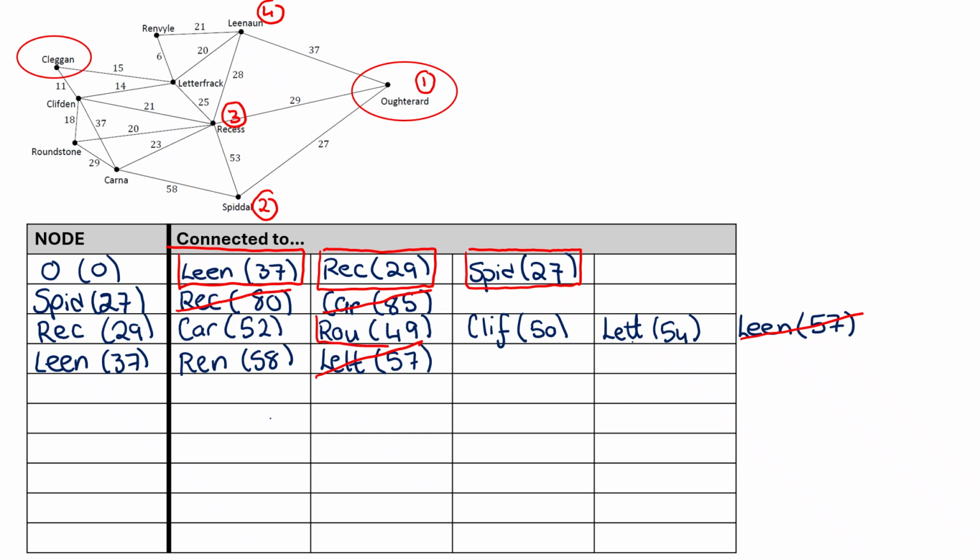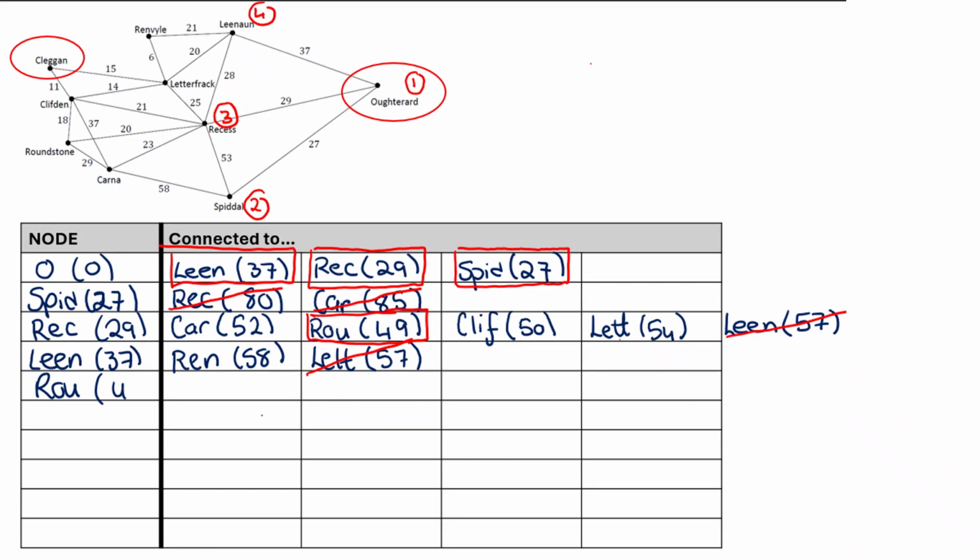So our next smallest here, sorry, some technical difficulties, is 49, and this becomes node 5.